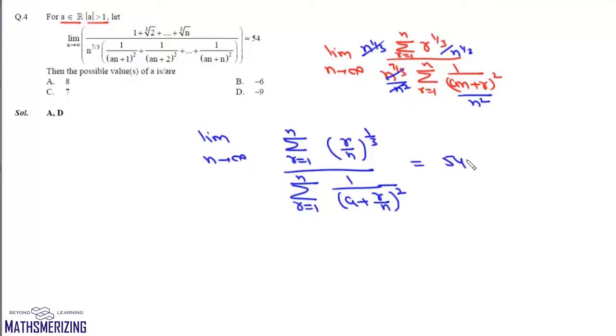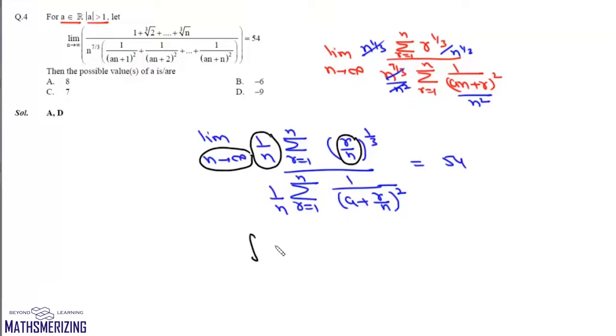Now what we'll also do is we'll multiply and divide everything with 1 by n. Now it satisfies all the 3 conditions for limit of sum. So we have n tends to infinite, we have 1 by n, and we have r by n. So we'll take r by n as x.